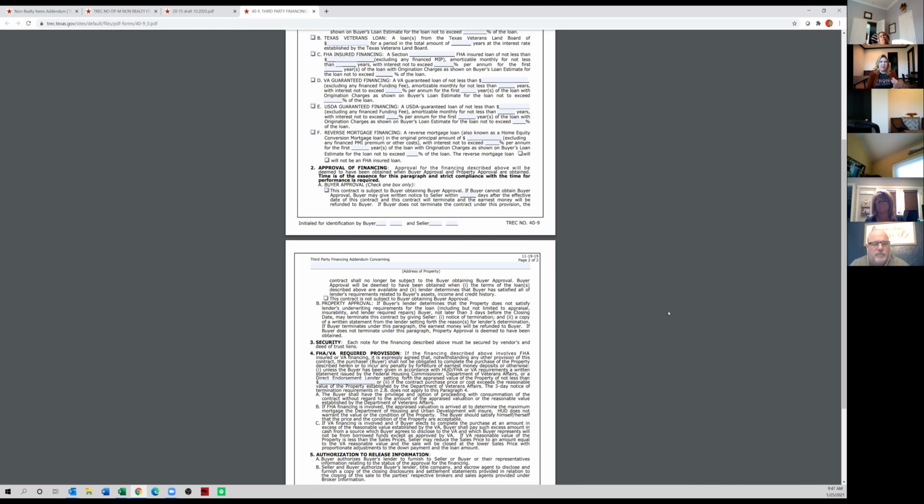So it does change some things, and that would be something the buyer could get out of the contract for based on 2B if they wanted to. Now, that is also a buyer option. It's not an automatic termination where the buyer automatically gets their earnest money. It's if the buyer wants to exercise it.